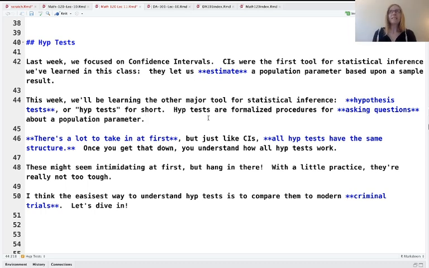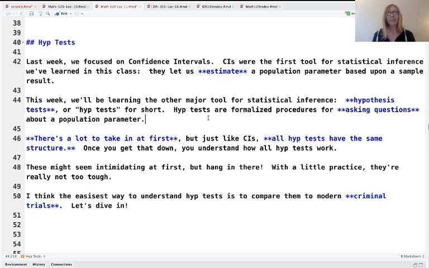I think the easiest way to understand hypothesis tests is to think about criminal trials. Might seem kind of weird, but actually hypothesis tests and criminal trials are philosophically identical procedures. In fact, modern criminal trials derive from the same logical foundation that hypothesis tests do. And I think a lot of you guys probably have some intuition for criminal trials.